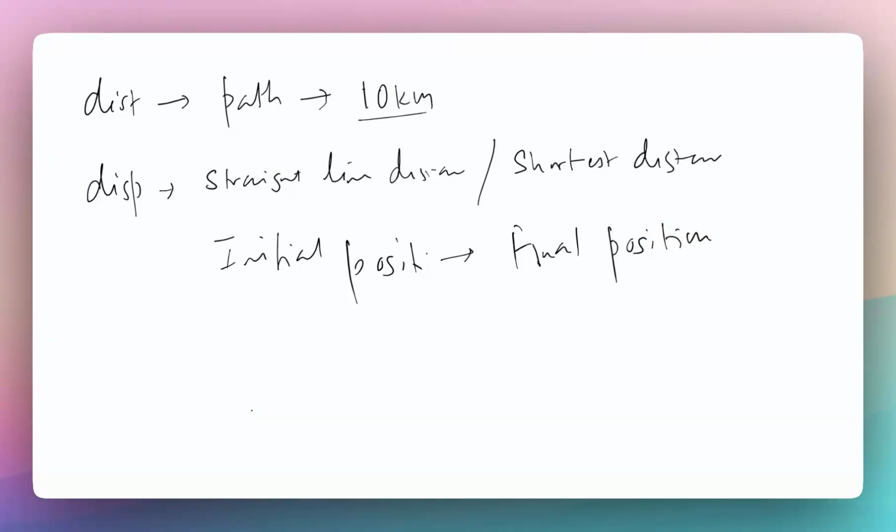Okay, and then we draw that straight line like that, and then we put a vector sign on it to show in which direction it moved, right? So the direction is also important. So this is how we can distinguish between displacement and distance.